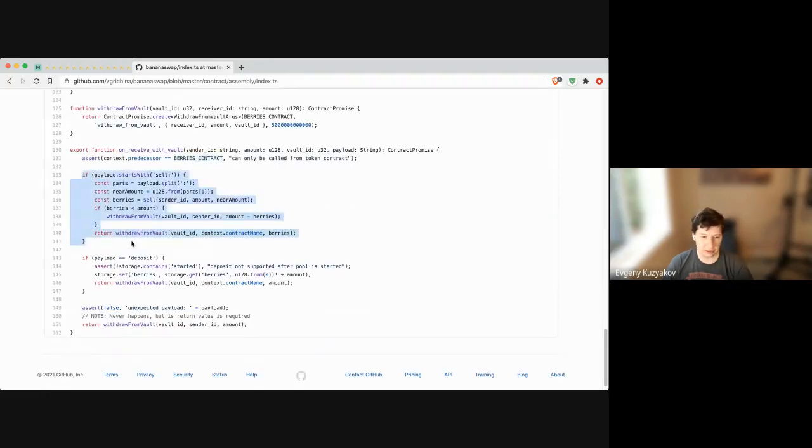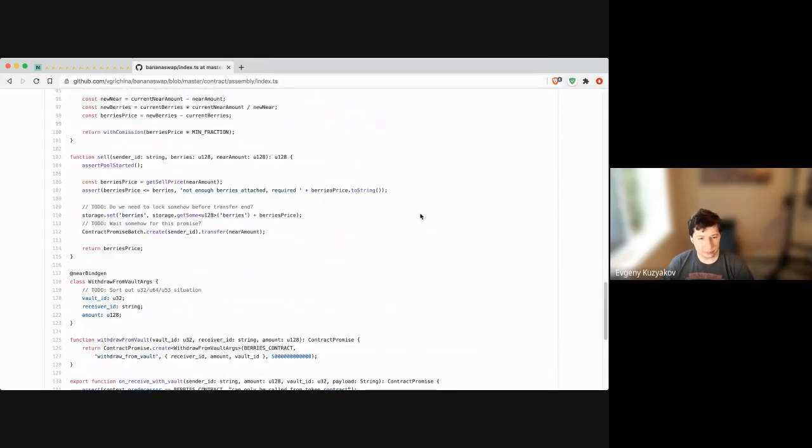And it has two methods, sell and deposit. Deposit cannot be used if the pool is already started, so it is only left with sell. And sell means you are trying to sell some number of bananas for near.